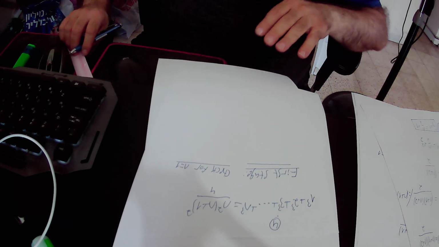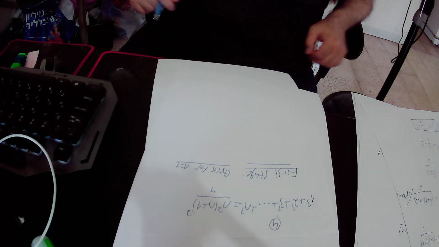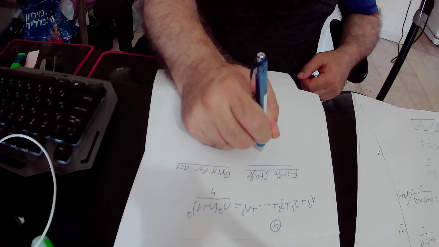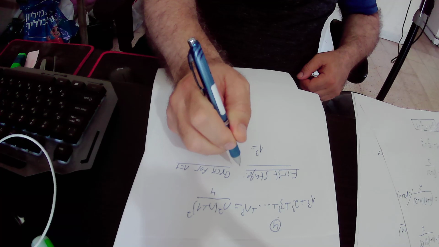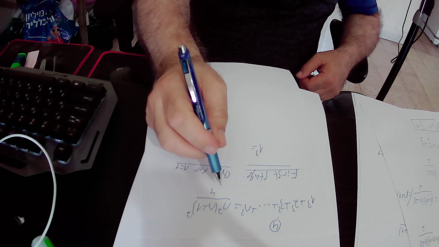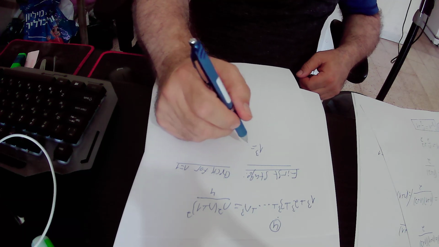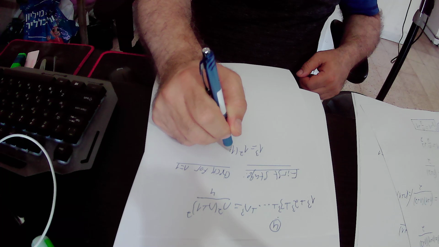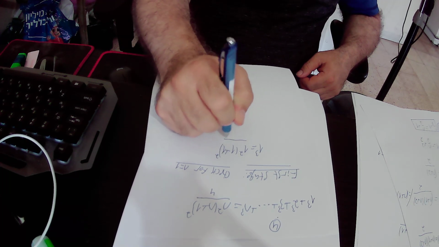Okay, so on this side of the equation we have 1 to the power of 3 because n equals 1. And on the other side we have n squared times (n plus 1) squared all divided by 4, and n equals 1, so it will be 1 squared times (1 plus 1) squared divided by 4.